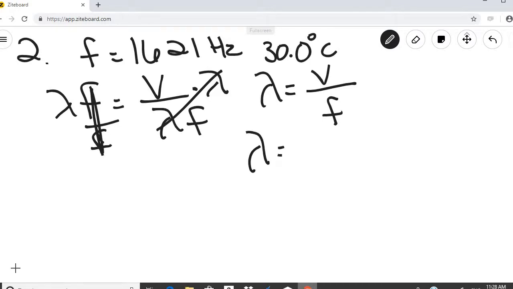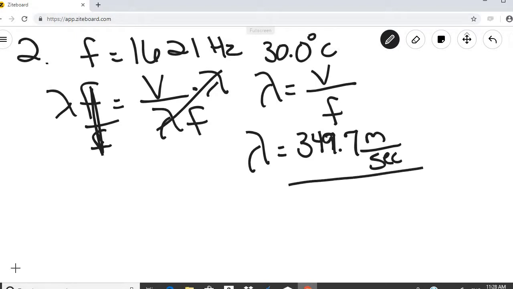Okay, so we just said that the velocity was 349.7 meters per second. And we'll divide that by the frequency that we are given, 1,621 hertz, which is a 1 over second.